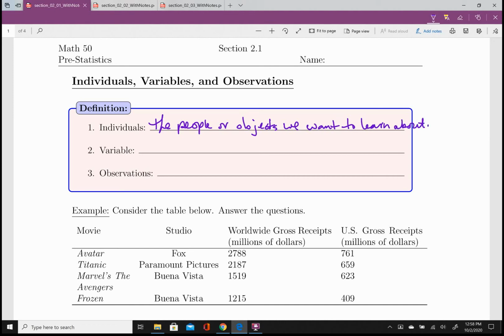Then let's go ahead and define what a variable is. A variable is a characteristic of the individuals to be measured or observed. So characteristic of the individuals to be measured or observed.